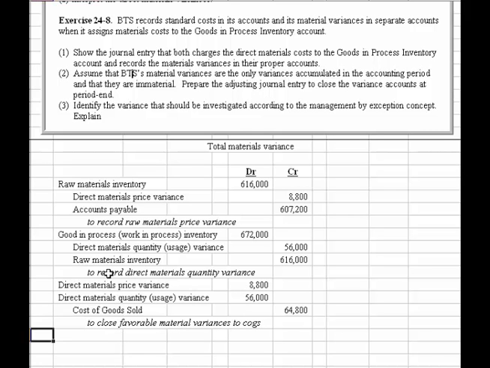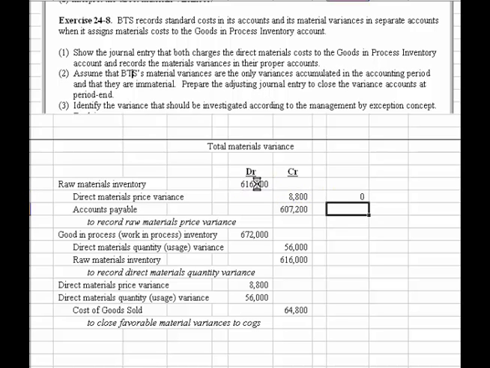Okay, part 3 says identify the variances that should be investigated according to management by exception, that's MBE concept. And the management by exception concept tells us that we need to look at sizable variances. Well, if we look at this as a percentage of the standard, this is $8,800 divided by a standard amount of 616, right?